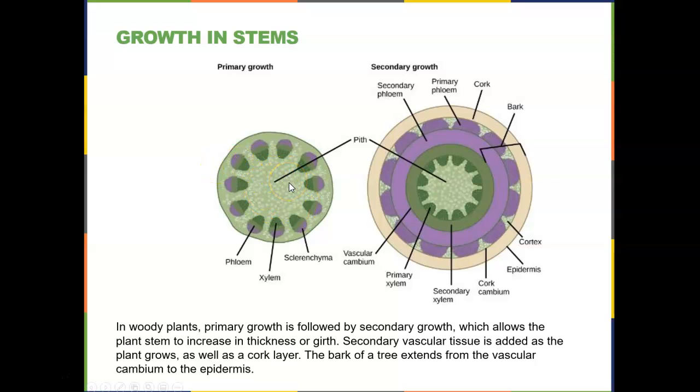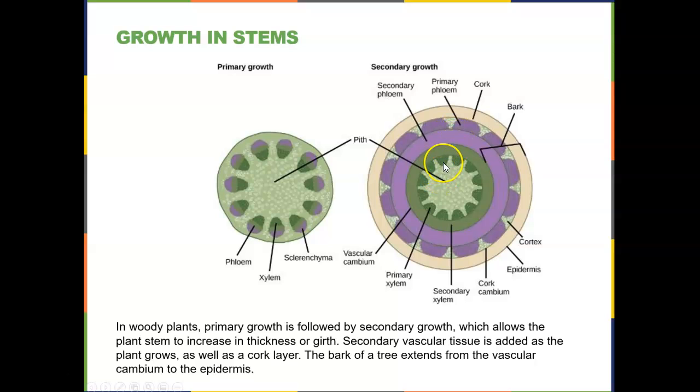But if it is a plant that is allowed secondary growth, which is growth in width, like in a tree, then we will see that this centralized region with its xylem and the pith, and then the primary phloem, we see an increase in these circular regions, which are secondary xylem and secondary phloem.